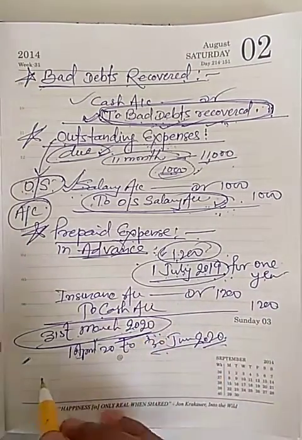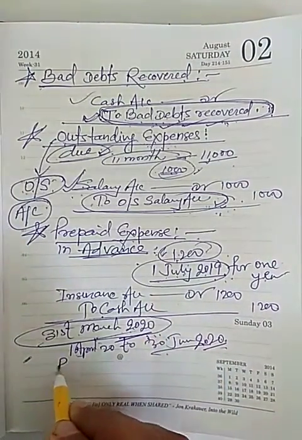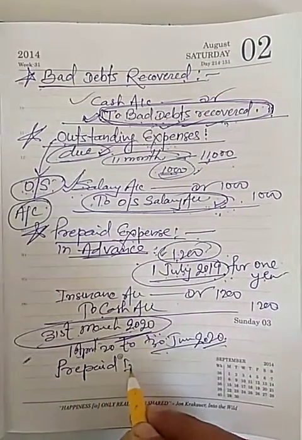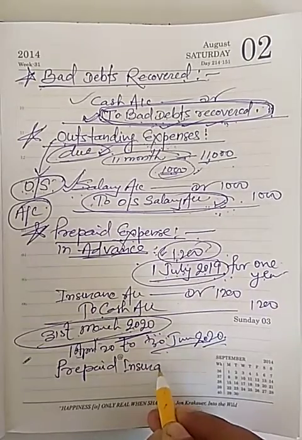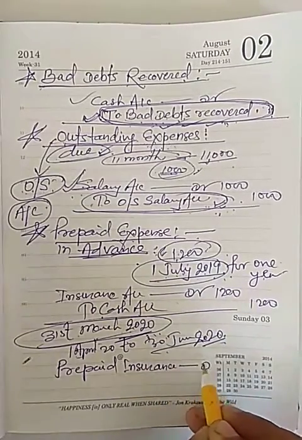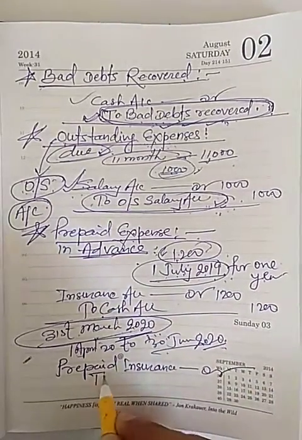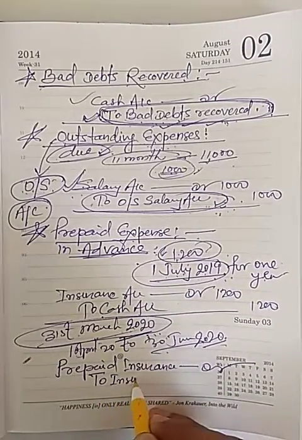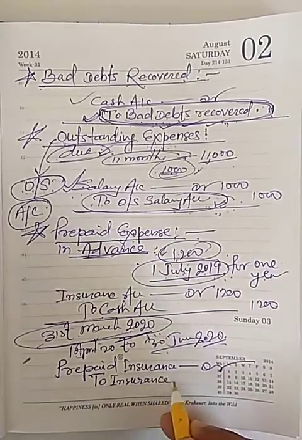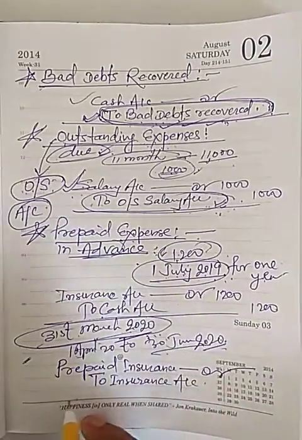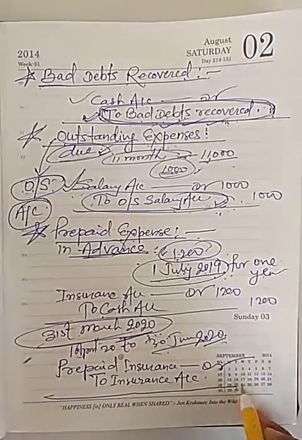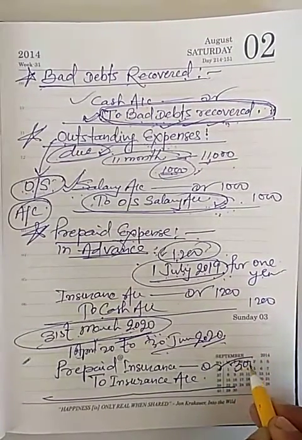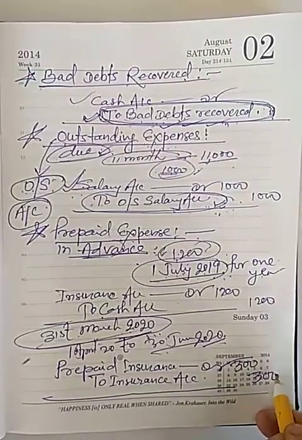The journal entry will be prepaid insurance account DR to insurance account. The amount will be 300 only for 3 months.